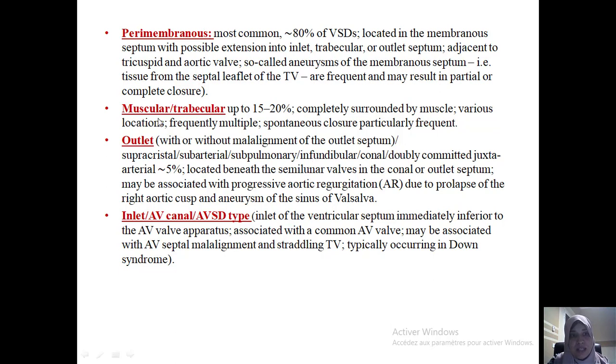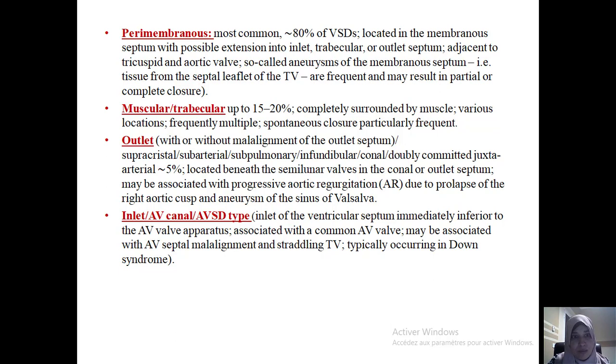The second type is the muscular trabecular, up to 15 to 20%, completely surrounded by muscle, at various locations, frequently multiple, with spontaneous closure particularly frequent. The other type is the outlet, with or without malalignment of the outlet septum.